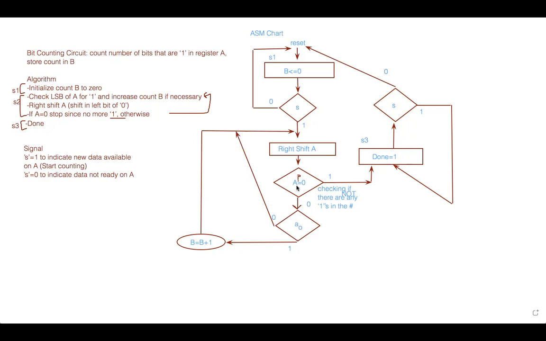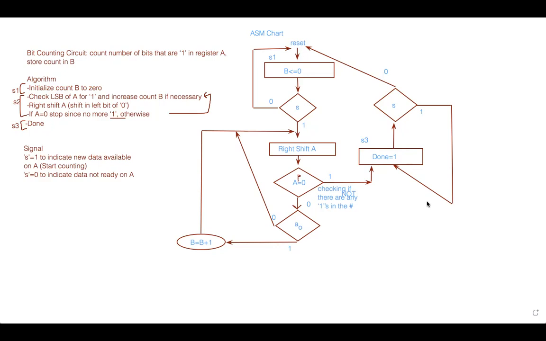However, if there are not any ones left in the number, then it's going to go here where done is 1, and it's going to check at S whether it's 0 or 1. This means that there's data not available. So it's going to go back to state 1 where it's going to be set at 0. But if the user has not triggered a new one, it's just going to remain in the done state. Okay.